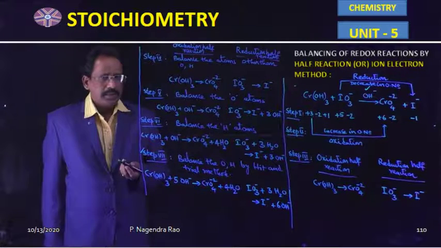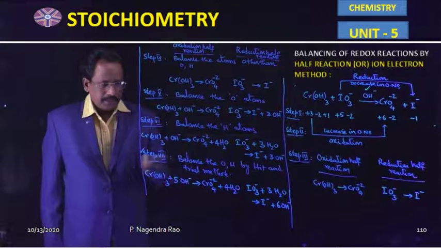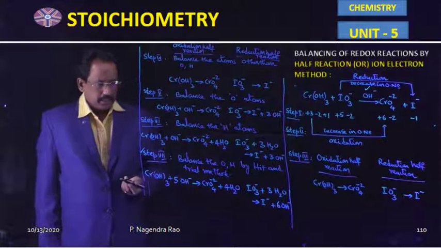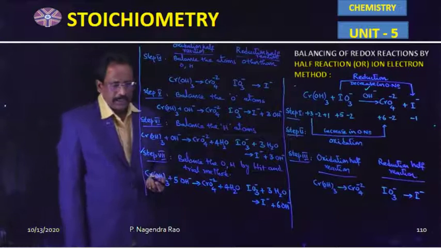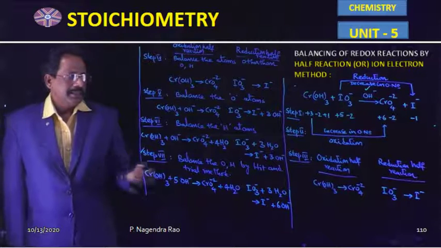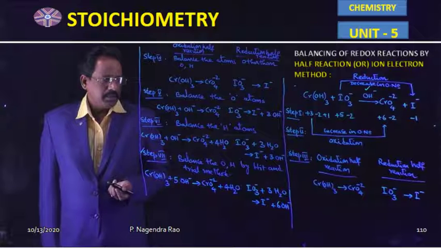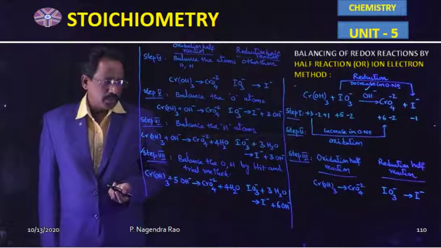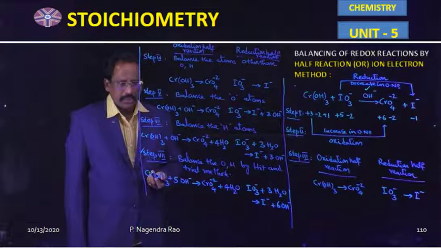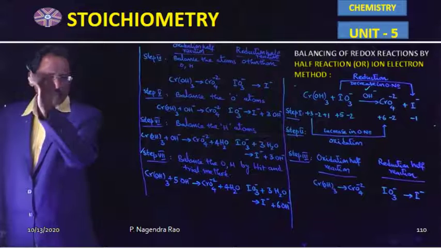Here in the oxidation half reaction, if you multiply OH minus with 5, all the oxygen and hydrogen atoms are balanced. In the reduction half reaction, if you multiply 3 OH minus into 2, all the oxygen and hydrogen atoms are balanced.